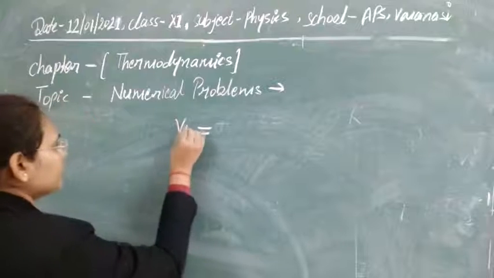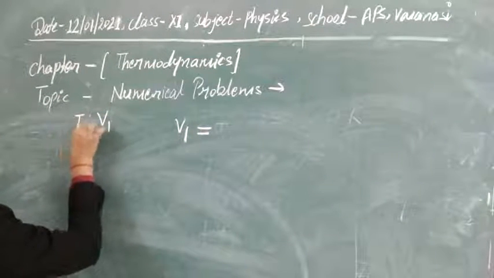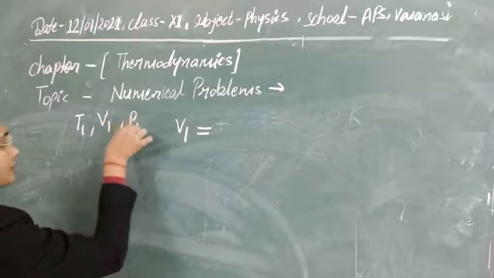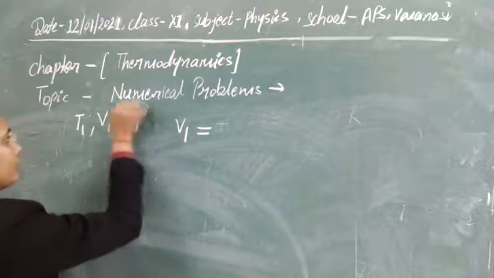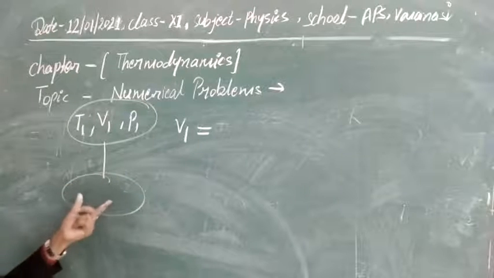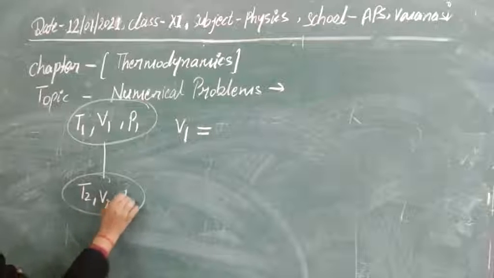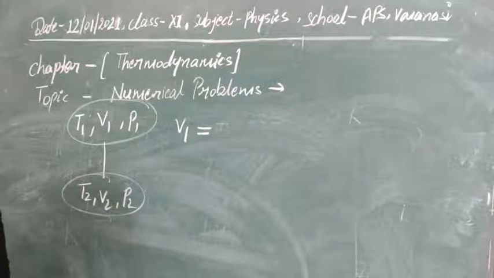So suppose in the starting we have temperature T1, volume V1, pressure P1 in the system, and now it is compressed, and after compression a new system will form that has temperature T2, volume V2 and pressure P2.